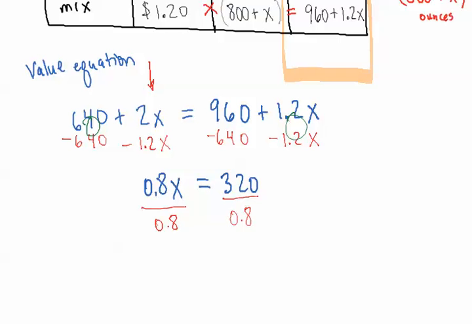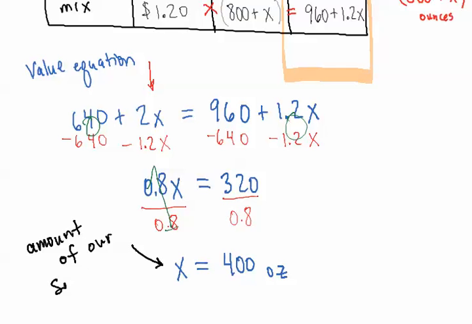And you said you get 400? 400 what? Ounces. What was x representing again? The size of the self-tanning lotion. Good. This is the amount of our self-tanning lotion.